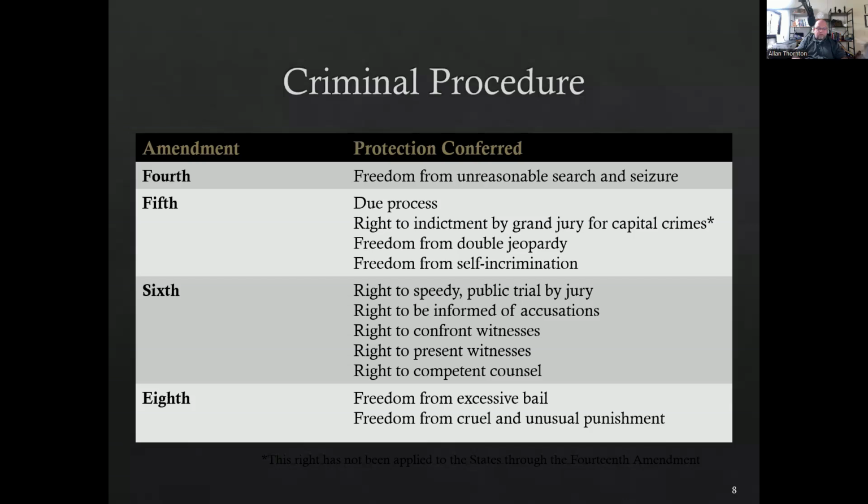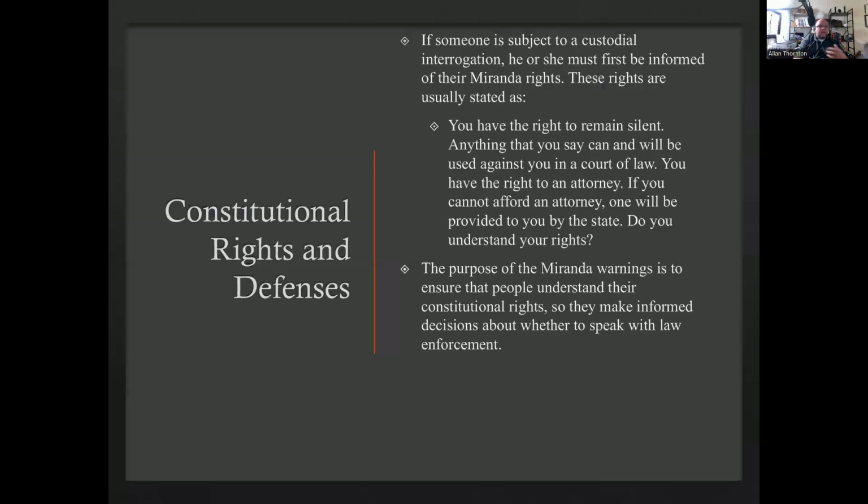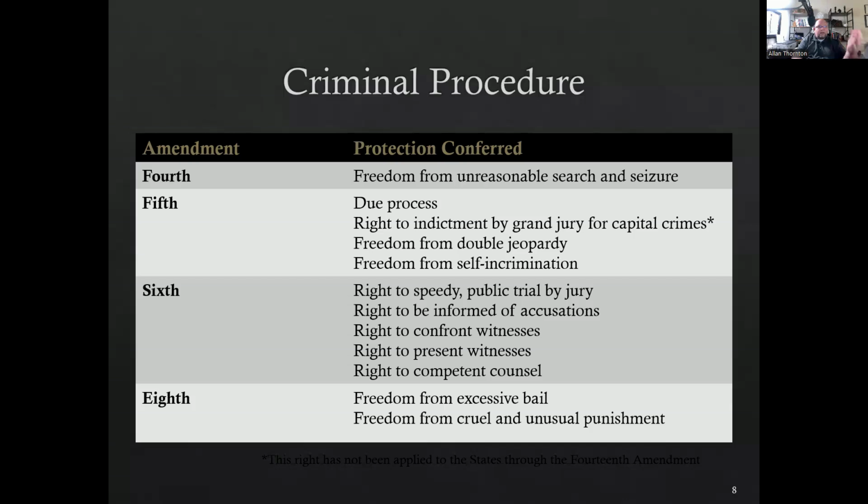So if you can only answer a question by saying you're guilty or that you could possibly be part of a crime, then you have the right to not say anything. Part of that Miranda right, that right to remain silent, comes from the Fifth Amendment, where you have the right against self-incrimination. The Sixth Amendment is where we get the other part of the Miranda rights.